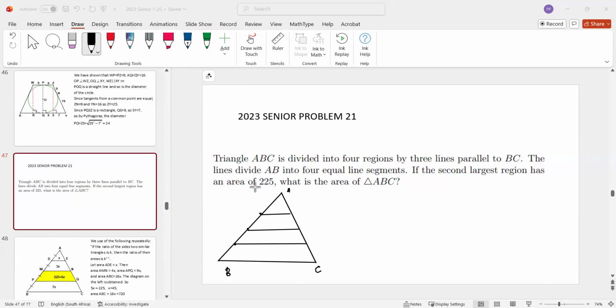Okay, if the second largest region has area 225, we can see what the second largest region is. This one here. What is the area of the whole triangle?